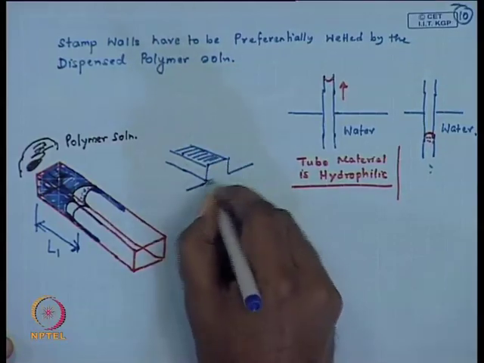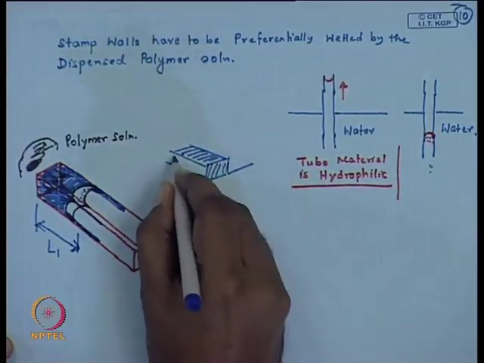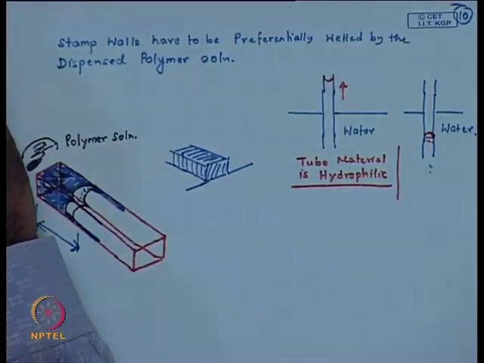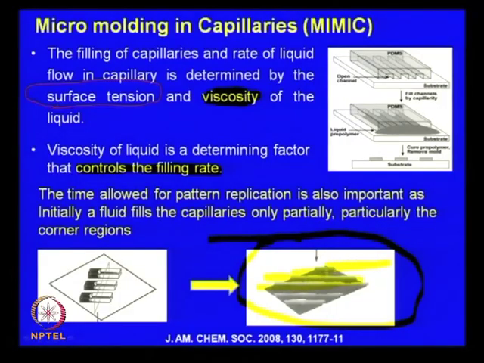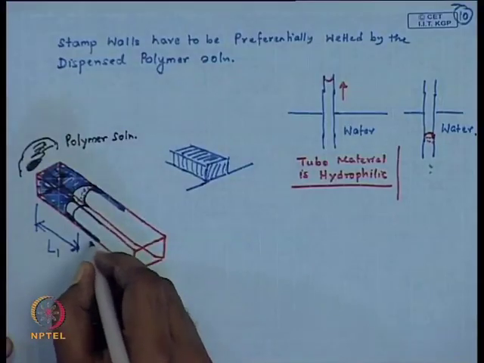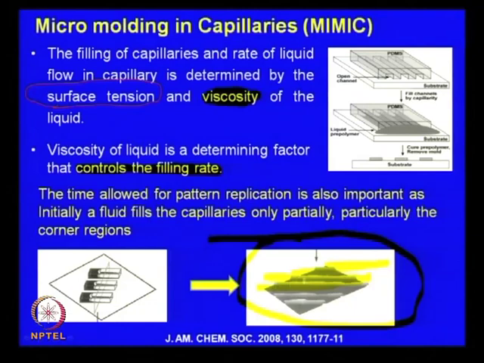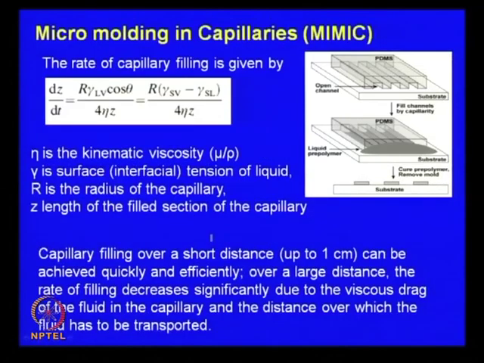So, this is the structure you were expecting, but instead of that you might get a structure like this, which corresponds to only the advancing part of the capillary meniscus. So, that is where your viscous effects become very significant. How long it is going to take to fill up the channel completely is governed entirely by the viscosity of your system.